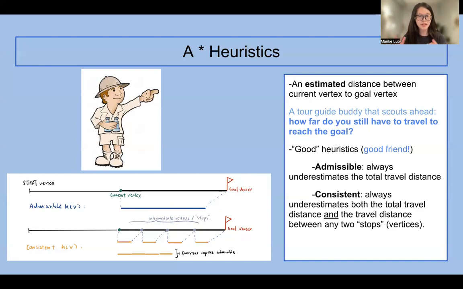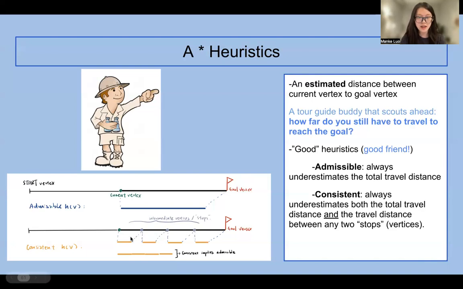On the other hand, for a consistent heuristic, instead of thinking of the distance you still have to travel as one big chunk, you divide it into little chunks by viewing the vertices you have to visit along the way as intermediate stops, or different steps you have to take. So instead of one chunk, you're viewing individual steps.